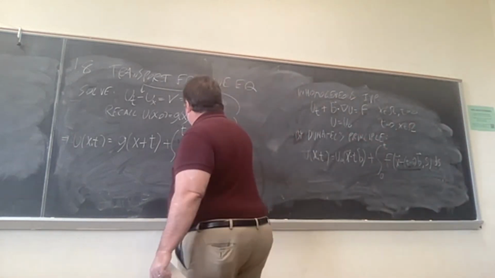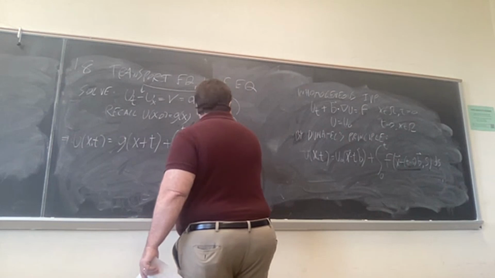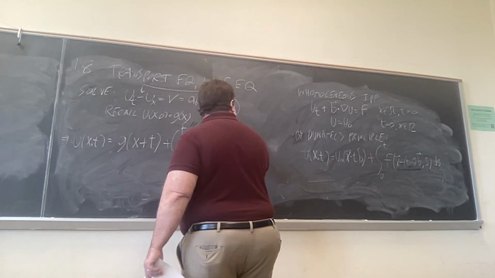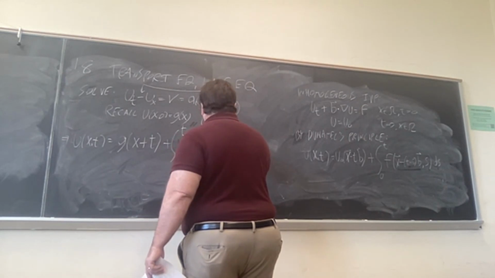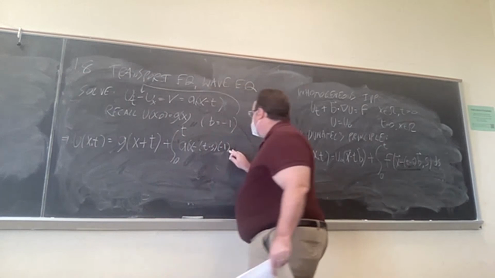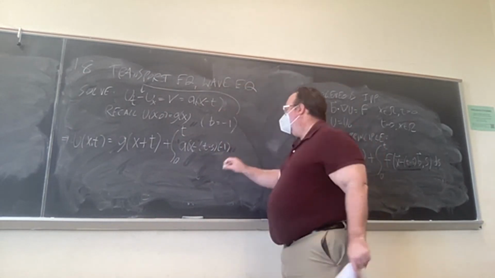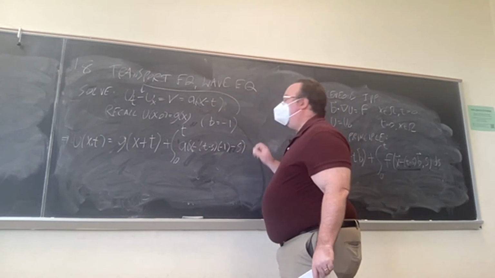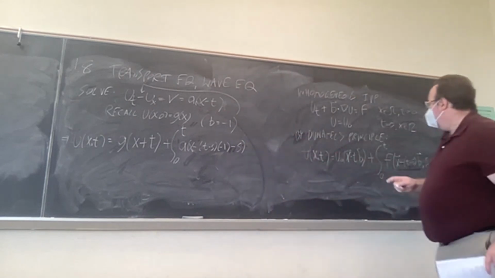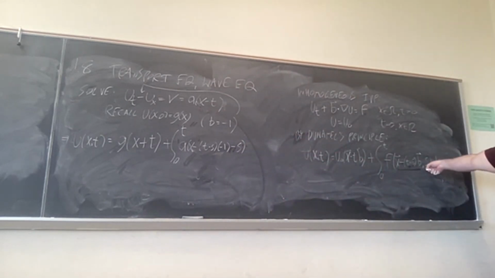So that's going to be a of x minus t minus s. And then b is minus 1, so I'll fill that in. But I also have this minus t, can't forget that. But that's going to be s, because I'm evaluating the solution at time s, because of this right here.